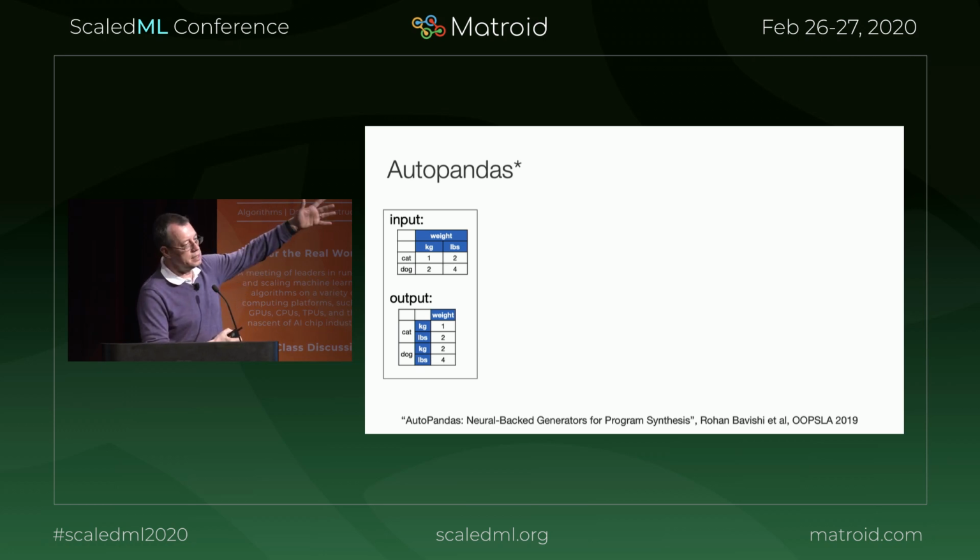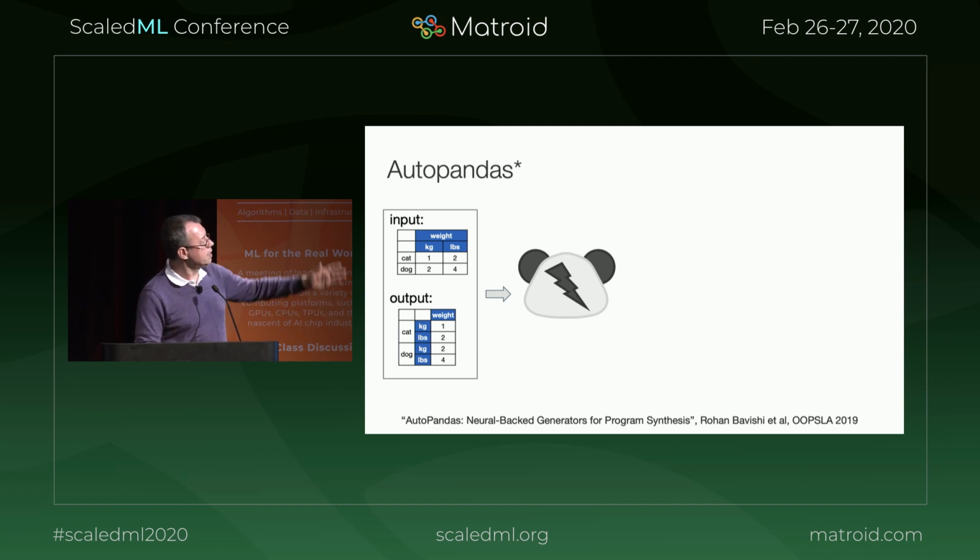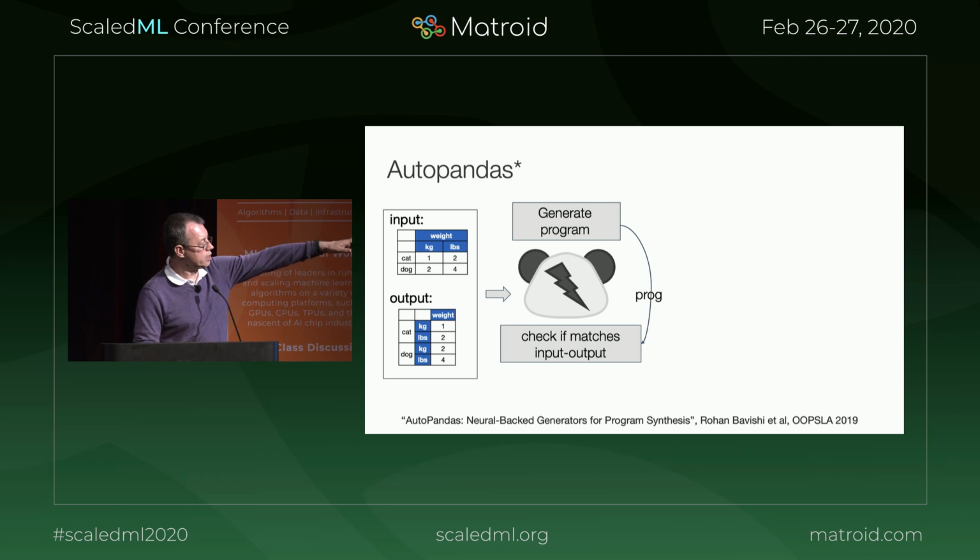Typically, for Pandas, the way people ask is that they naturally give the input and the output, an input-output example. I say, this is the input, I want to turn this into this output. This is what I want the result to look like. So AutoPandas is going to start generating small Pandas programs, then feed the input to that program, and look at the output and check whether it is the output desired by the user.